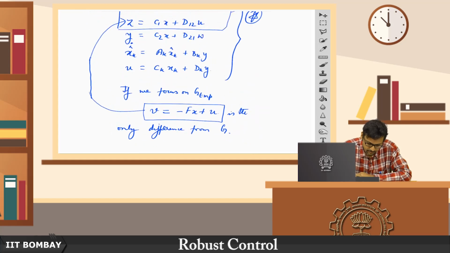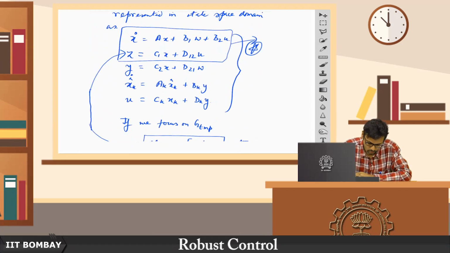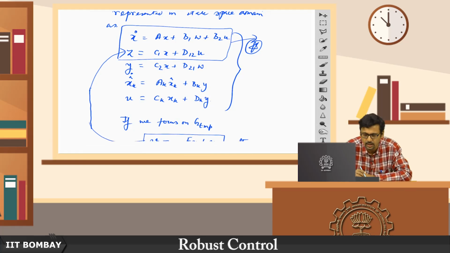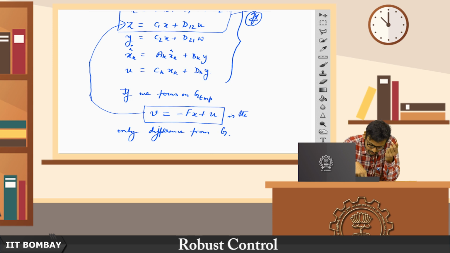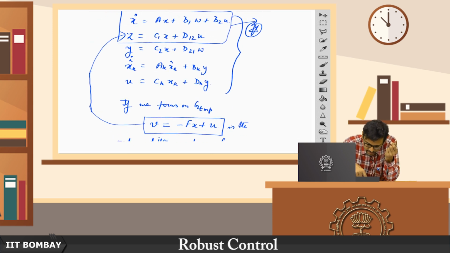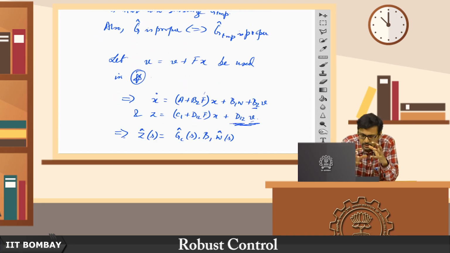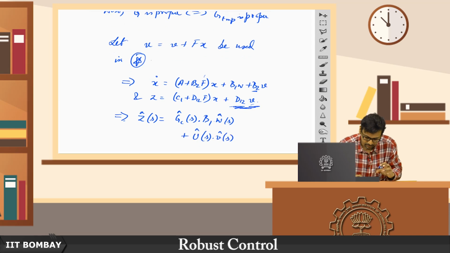Notice that when we defined it in this manner, that is exactly what we did. We said that look, we are going to construct an artificial system G TMP by replacing this Z defined in the original G with a new variable V defined in this manner, where the C1 got replaced with minus F and this D12 got replaced with identity, right. So, this was an artificially constructed system, this G hat TMP that we have constructed.